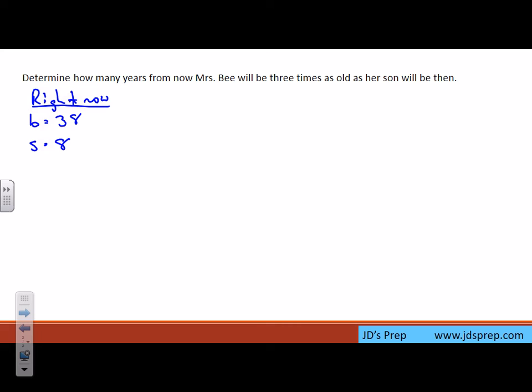We're looking for a number of years from the current day that will have Mrs. B be 3 times as old as her son is then. So if we think of X years passing, then Mrs. B's age at that time is going to be 38 plus X. And her son's age is going to be 8 plus X.